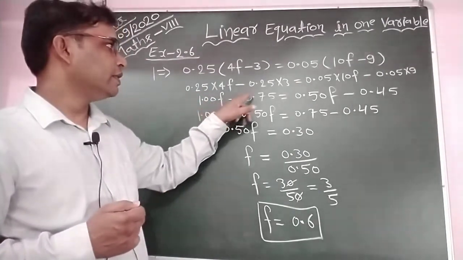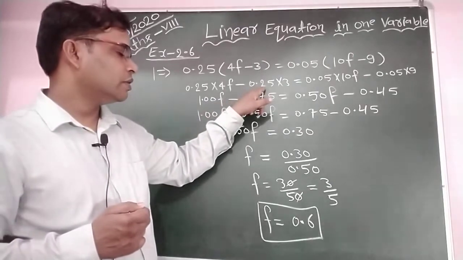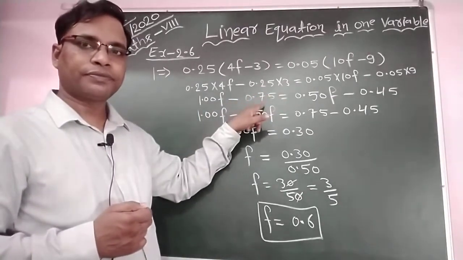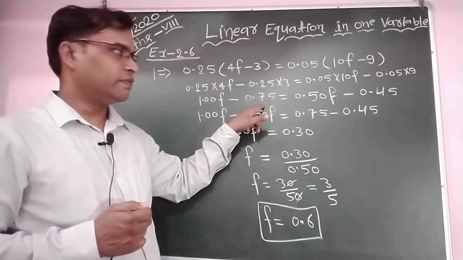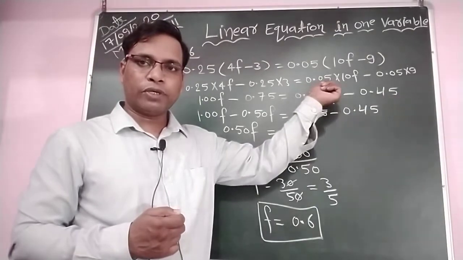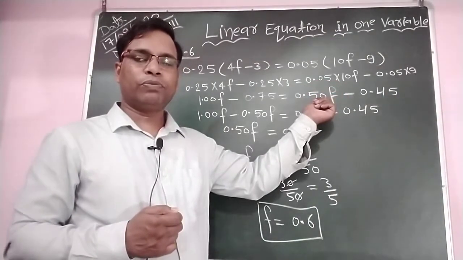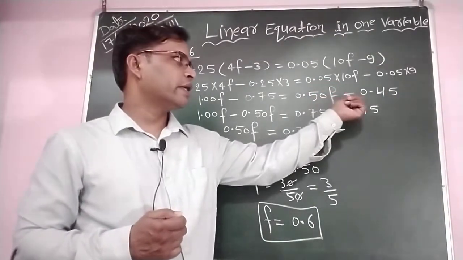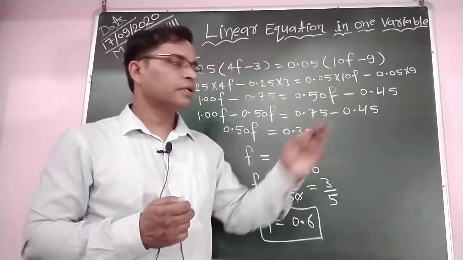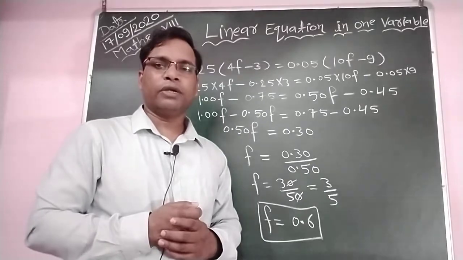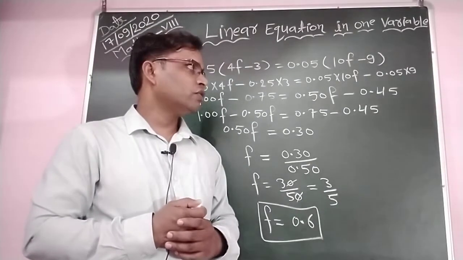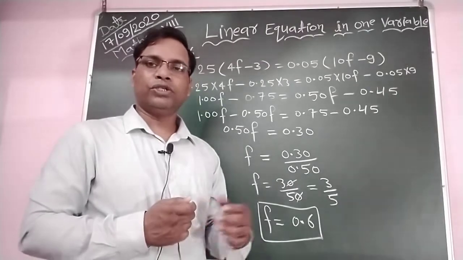Multiplying 0.25 into 3, we obtain 0.75. On the right side, 0.05 into 10f gives 0.50f, and 0.05 into 9 gives 0.45.